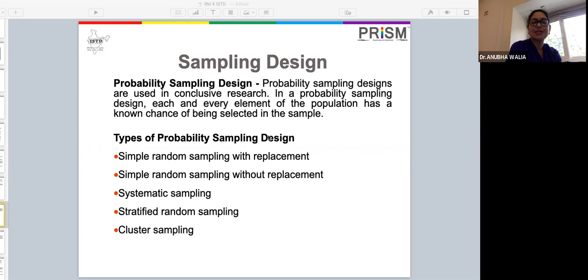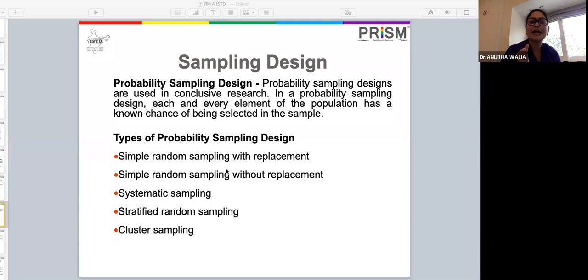And that's why the random selection of samples among all the units of the major population is properly used and correctly applied. So the sampling procedure, the first one, is simple random sampling. In simple random sampling, each member of the population is numbered.